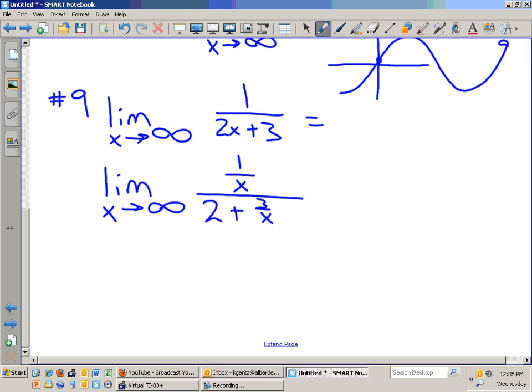Now, let's allow x to go to infinity. If x goes to infinity, what will we have on top? 0. If x goes to infinity, does anything happen to this 2? Nope. And what happens here?